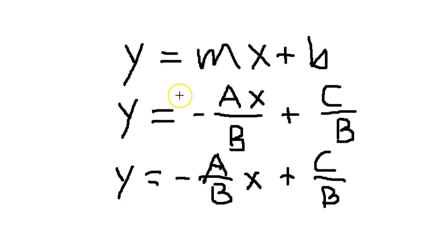Here's where it gets interesting. On the right side of the equation, in the first term, we have down here negative a over b times x, and up here we have m times x. Here's what that means. It means that m, the slope, has to be equal to negative a over b.